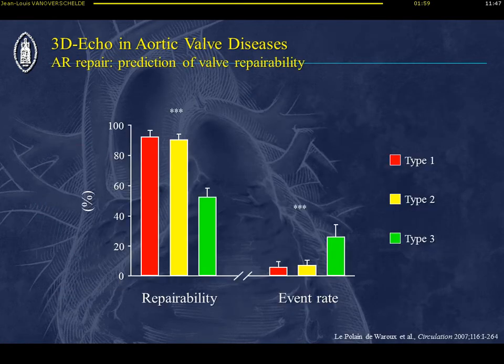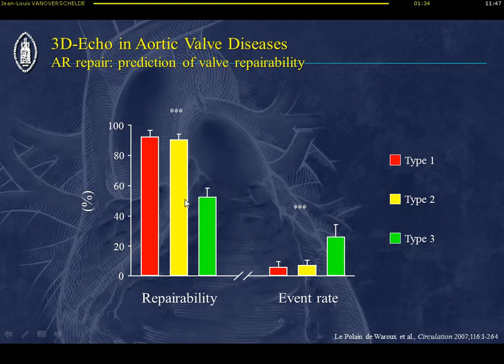So we have previously shown that there was a good correlation between what we find with echocardiography and the repair rate by the surgeons. Here are the repair rates obtained in type 1, so essentially in the root dilatation and prolapses, and type 2 in yellow, with an excellent repair rate. More than 90% of the valves can be repaired with very few events in the future.